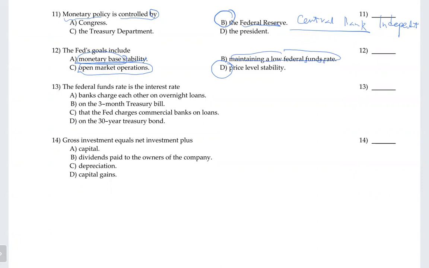13, the federal funds rate is the interest rate... The answer is A. Banks charge each other on overnight loans. Okay. And here I want to emphasize C. The Fed charging commercial banks on loans is called the discount rate.